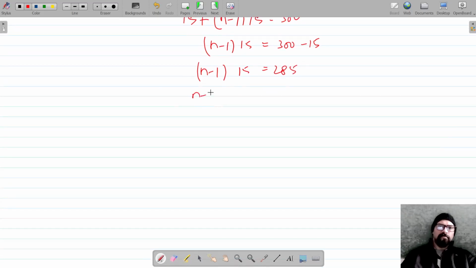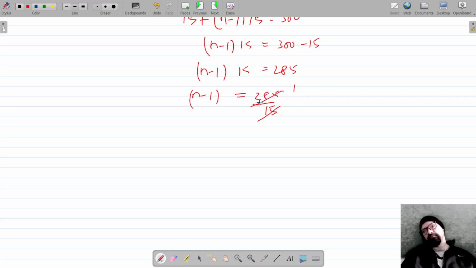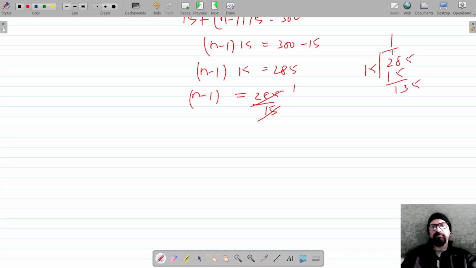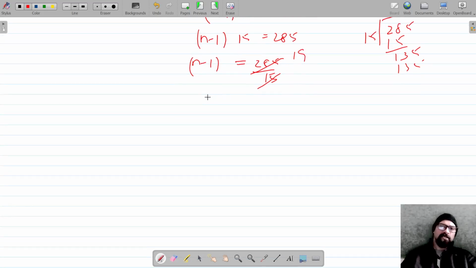Okay, so n minus 1 is equal to 285 divided by 15. So 15 ones are 15, 15 nines are 135, 9 fives are 45. So this is 19 and n is equal to 20.